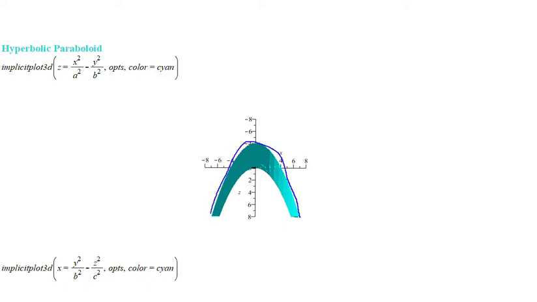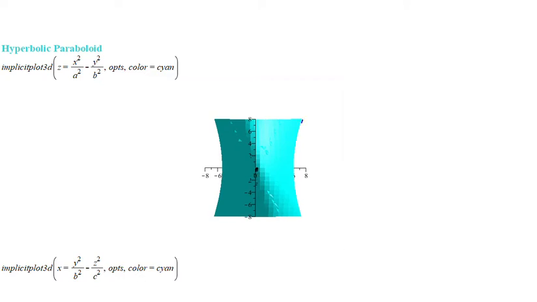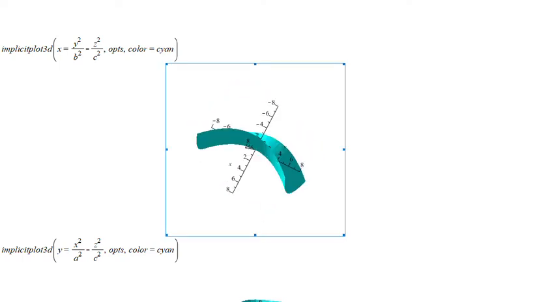For example, if we looked at b and c being 1, we'd have a negative y squared minus z squared equals 1. Well, you can't have two negatives that add up to 1, so there would be no graph at that point.